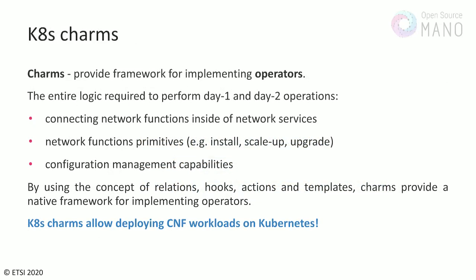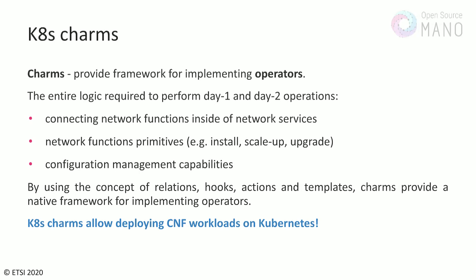And fortunately, there is something called Kubernetes charms. And we know charms in the OSM community very well because they have been used since the very early beginning. Charms basically contain the entire logic required to perform day 1 and day 2 operations, such as connecting network functions inside of network services.